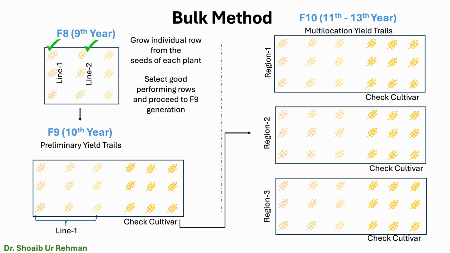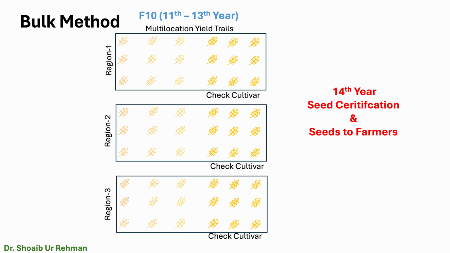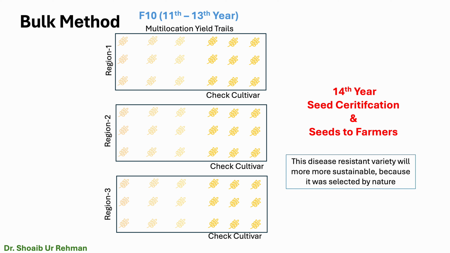So at the end of the 13th year, if you are able to get good results, we should perform seed multiplication or seed certification in the 14th year, so that we can have enough seed for the farmers, so that they can plant those seeds in their lands and harvest the maximum out of it, right? So in this way we have developed a wheat variety by following the short-term bulking method.